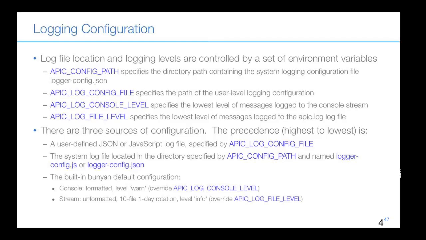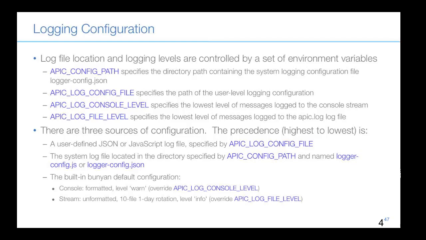There are three sources of configuration, and there's a precedence to them. You're allowed to define a user-defined log configuration file, and that can be either JSON or JavaScript. I'll show that in a second. If you have both files, the JSON takes precedence over the JavaScript. Then there's a system log file, configured through the APIC config path that I described above.